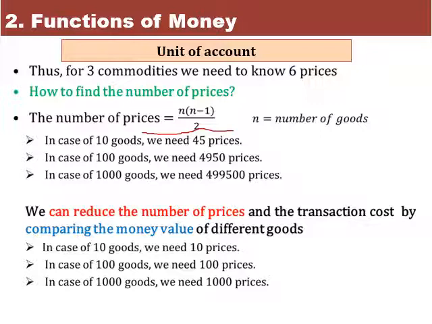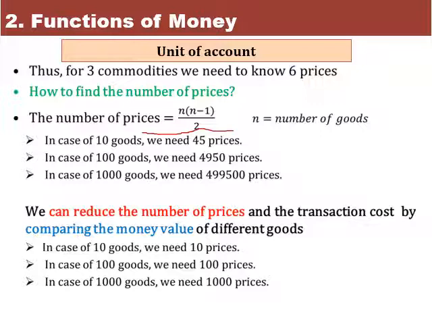So in this case, you will lose your time trying to read the price list of just one commodity. As we mentioned last week, more time means higher transaction cost. So here the transaction cost will be very high if we don't have money and we need to compare the value of each commodity with all other commodities available in the society.